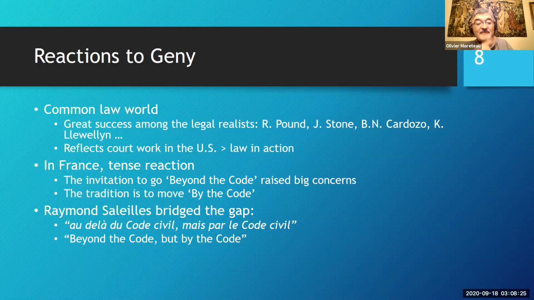Say, yeah, you have to go beyond the code, but by the code. Okay, you may go beyond, but don't forget the code. What does that mean? Okay, we got to clarify the thinking of Saleilles. Saleilles actually used these words in the foreword to the book by Geny. He had the privilege of writing the foreword.